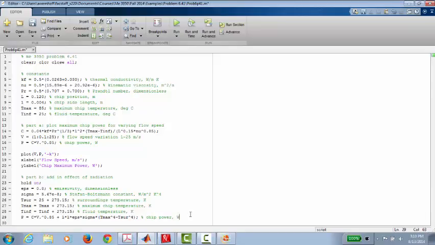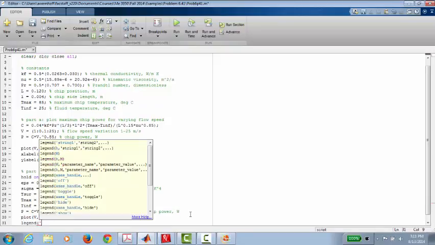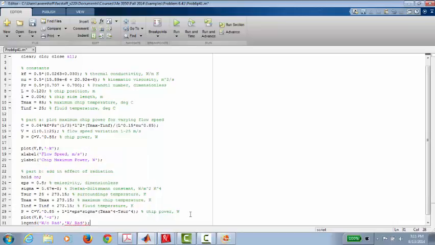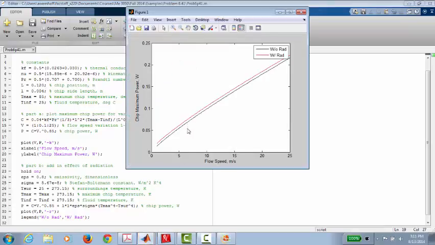We're going to make another plot. This one we'll make red. We're also going to add a legend to show the difference between the two lines, one without radiation and one with radiation. Now we'll plot this, and you can see we have two lines now.